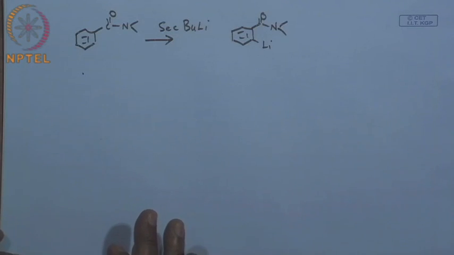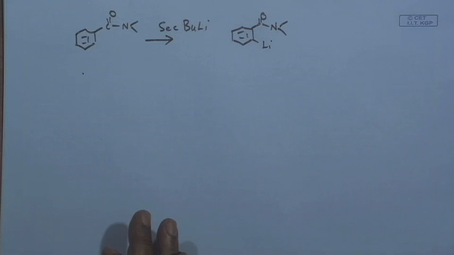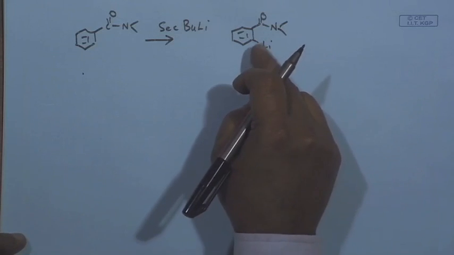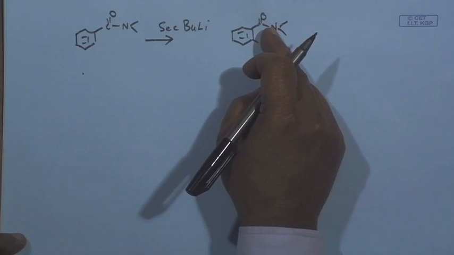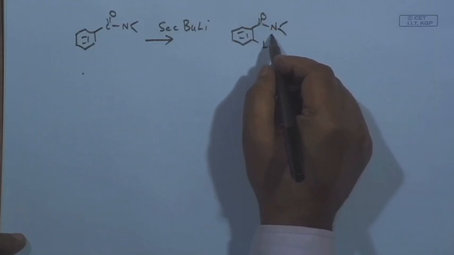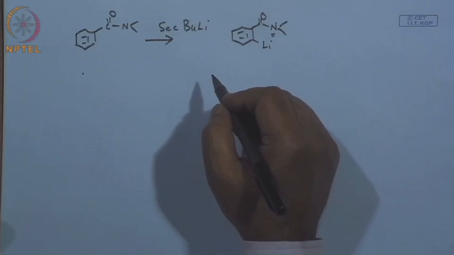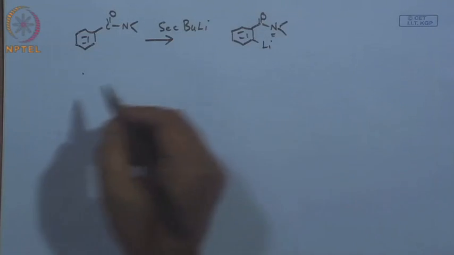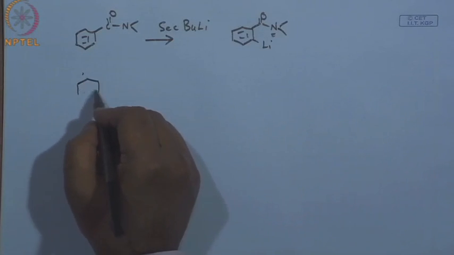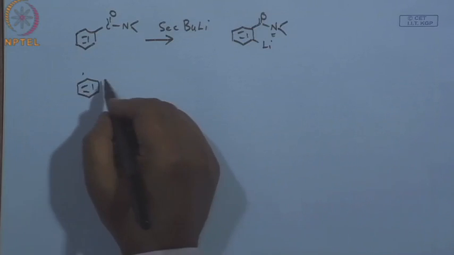And you see that functionalization can be done ortho to an apparently electron withdrawing substituent. But what is the requirement? The presence of a heteroatom. So, the heteroatom is very important in aromatic chemistry and lithiation, and we will see that. Then the effect of heteroatoms in heterocyclic chemistry would also be observed.